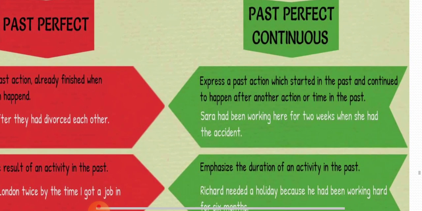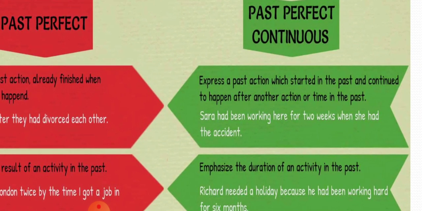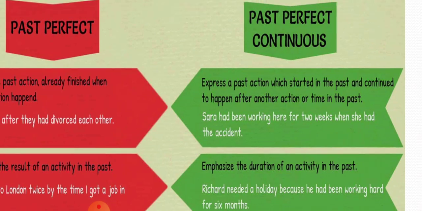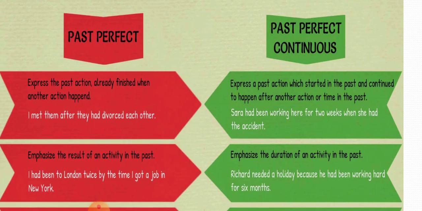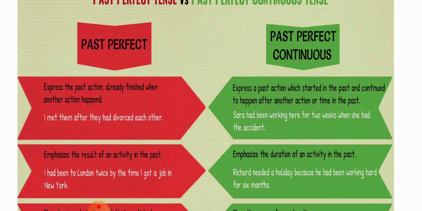Now here past perfect continuous expresses a past action which started in the past and continued to happen after another action or time in the past. Means here continuity of the action. Two actions, but continuity of the action in the past reference. Now example, Sora had been working here for 2 weeks when she had the accident.